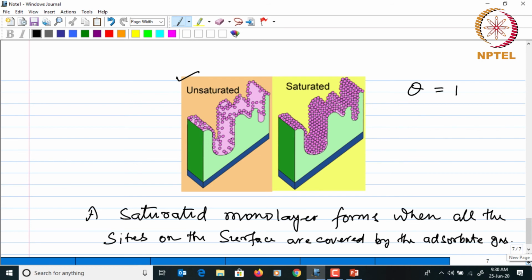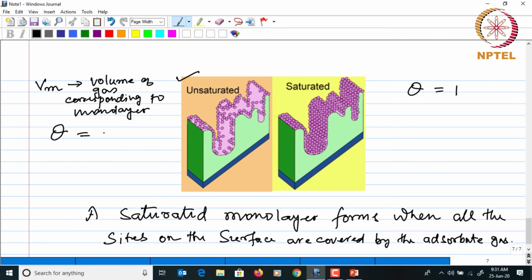And if Vm is the volume corresponding to the formation of the monolayer, then theta can also be written as V by Vm, where V is the volume of the gas.